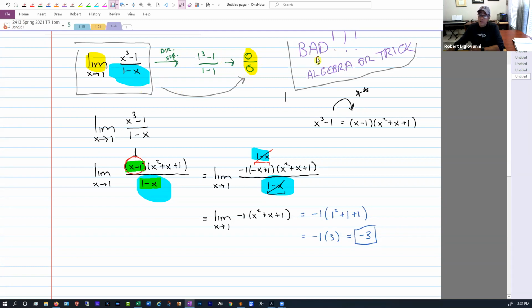Okay, so once we figured out it was bad, we wrote the original problem down, and I want you to pay attention to the fact that I wrote limit x approaches 1 every single time I went to the next step. It was there the whole time, right? Until the very last step, when I actually replaced these x's with 1s, that's when the limit goes away and you get your final answer. So this is about notation.